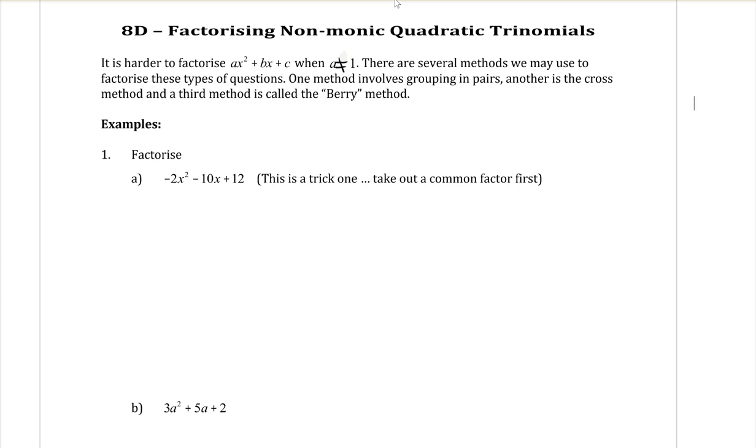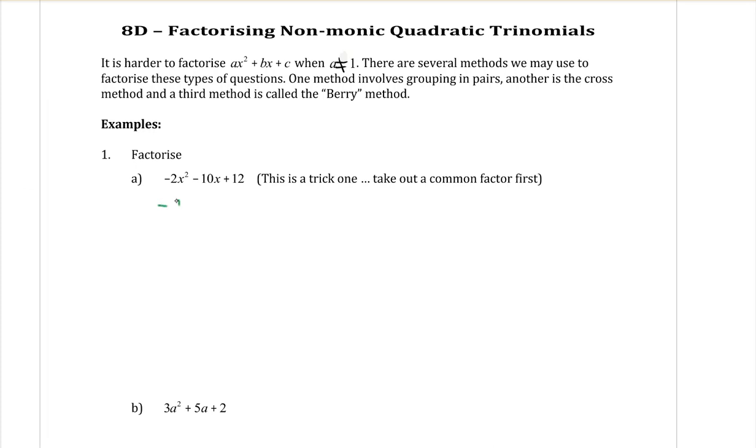Question number 1A. It says in brackets, this is a trick one. Take out a common factor first. We don't actually need to do a new method with this. We've already looked at these ones. All we have to do is take out a common factor before we factorize. We don't ever like to have a negative in front of our x squared either, so bring that out as a factor as well.